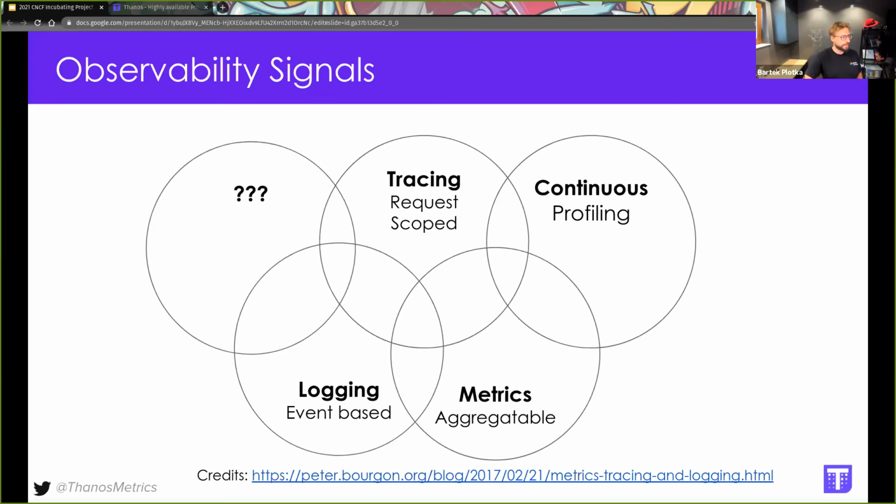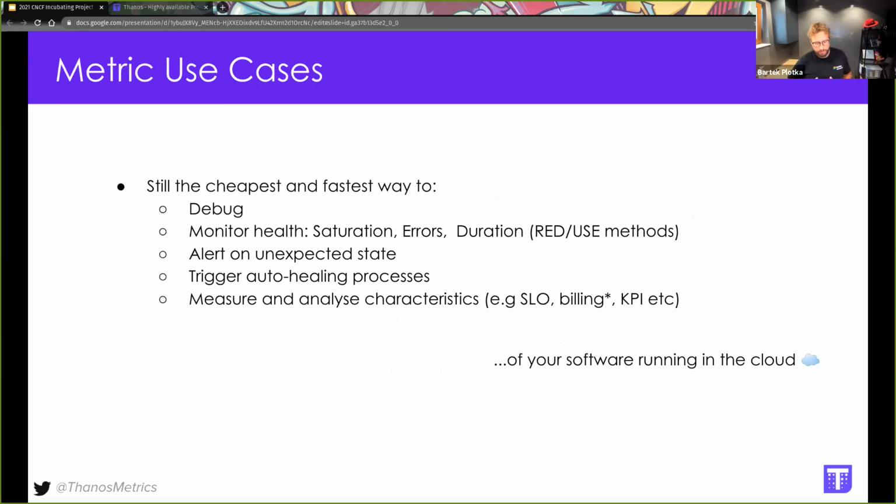So at the end, I will be talking about metrics, because this is what the Thanos project is all about. Let's start first with some use cases, right? I think the primary feature of metrics is that they are cheap.